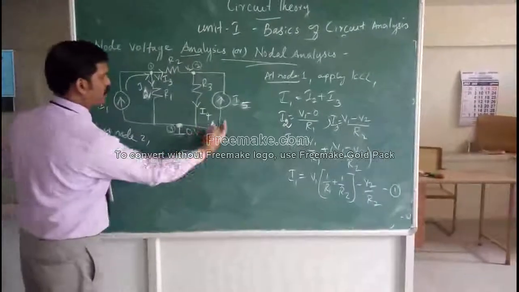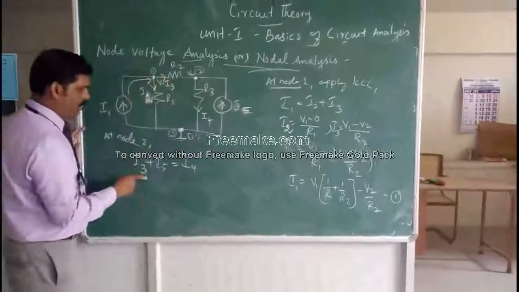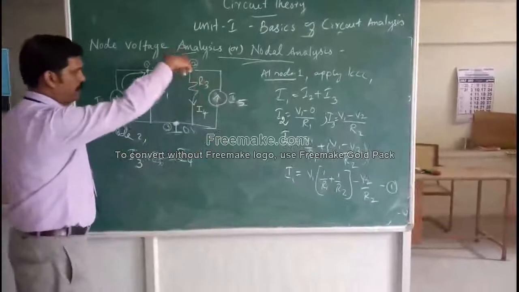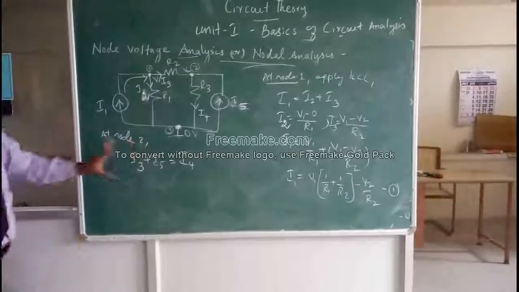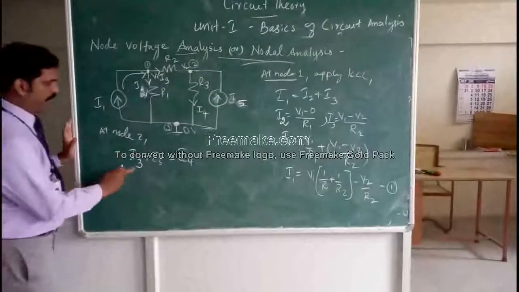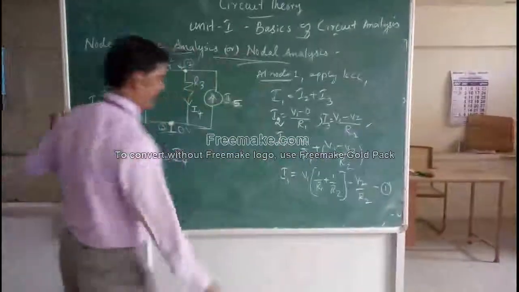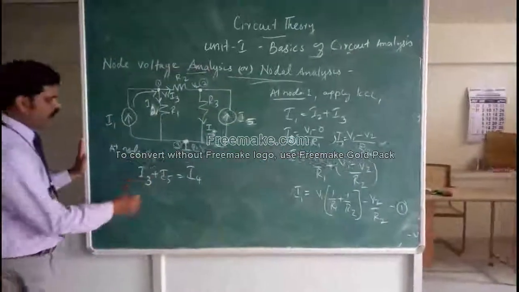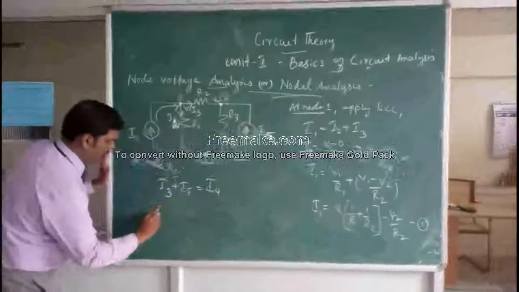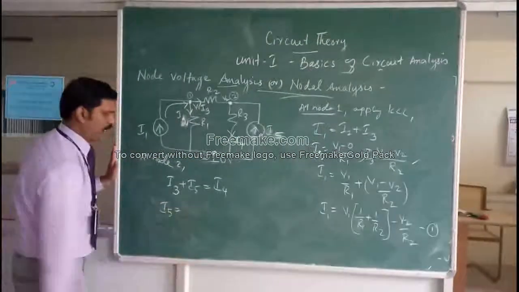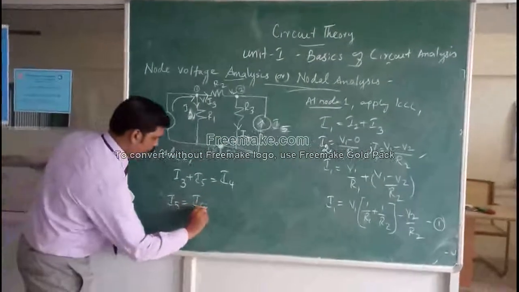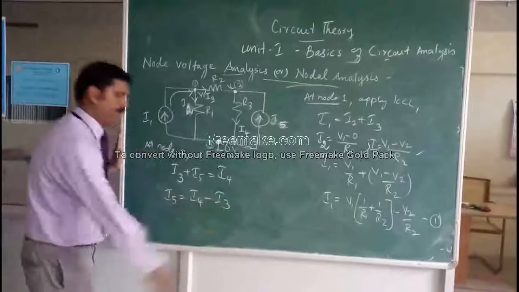The sum of incoming currents is I5 and I3, and the sum of outgoing current is only I4, the current going through R3. I3 is V1 minus V2 by R2, and I5 is simply the given source. So I can rewrite the equation like this: I5 is equal to I4 minus I3.